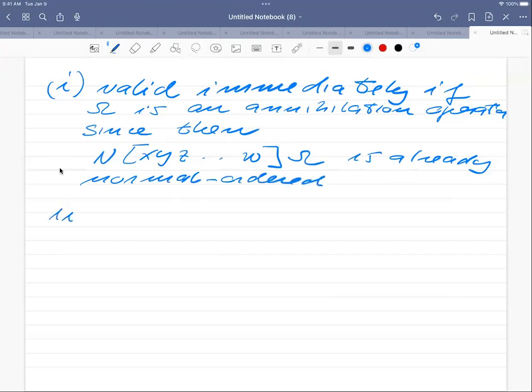So what we will be left with then, and all possible contractions are 0. Because the type of contractions which we would have then would be something like this, and we know that is 0. And that's the same as an A times A. That is also 0.